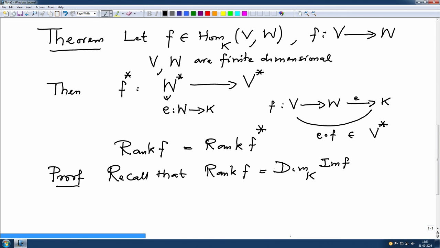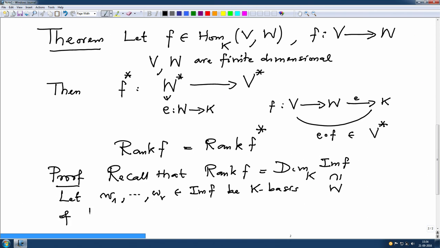So choose a basis here. Let W1, etc., WR in image F, this is a subspace of W, be a K basis of the image of F. So these are elements in the image.